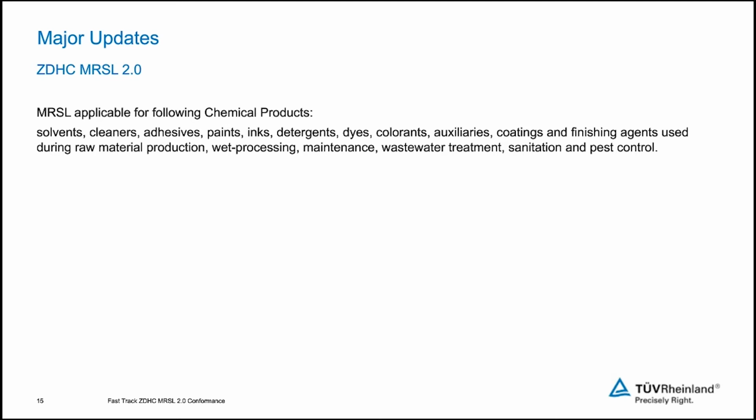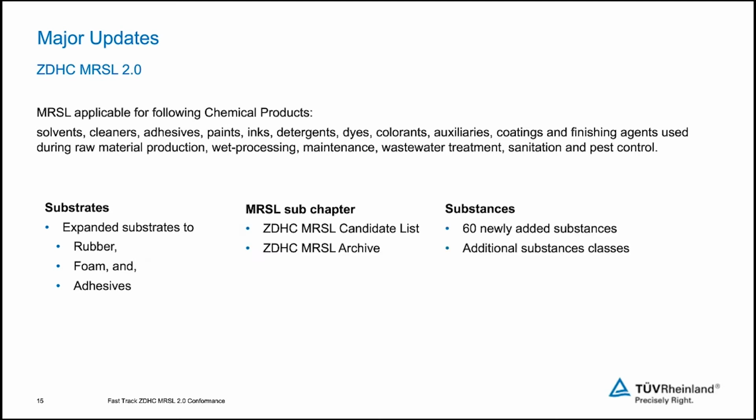With the new version 2, the MRSL not only covers textiles and leather anymore, but also synthetics and polymers, including rubber, foam, and adhesives. Additionally, ZDHC has implemented subchapters like the ZDHC MRSL candidate list or the archive.